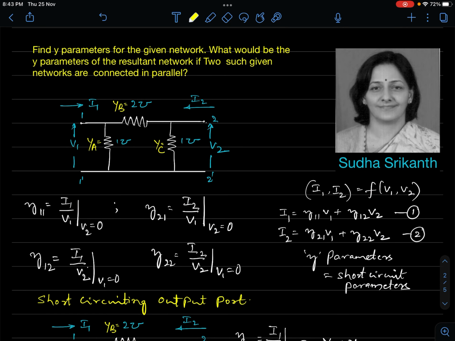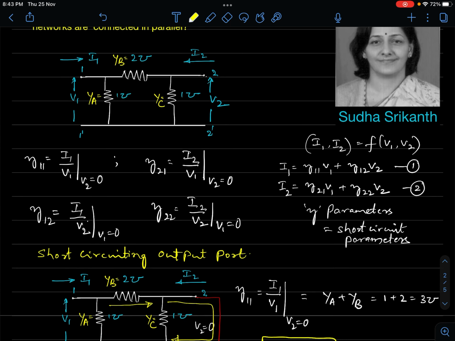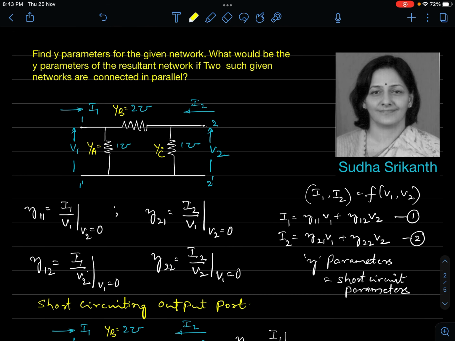One thing worth noting in this problem is that the given network is what we call a pi network. Let me be a little neat in writing this.